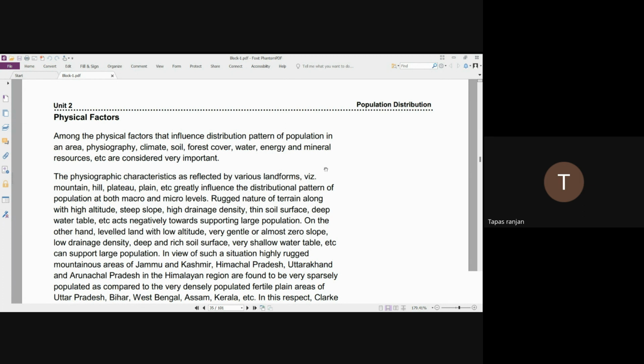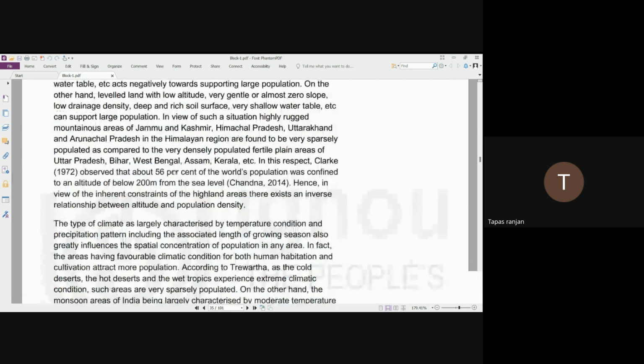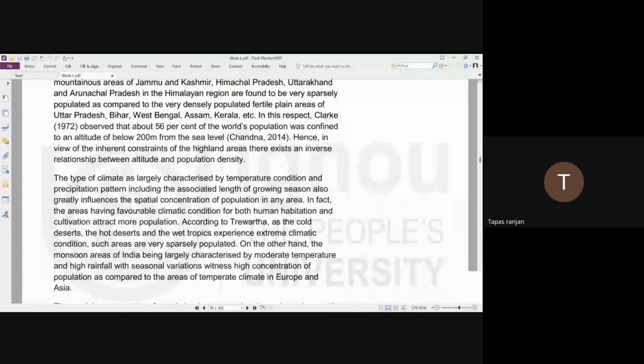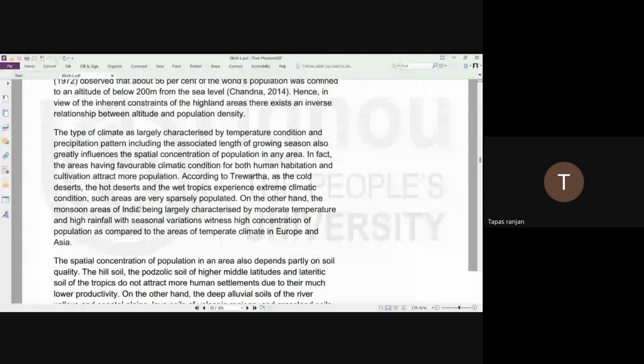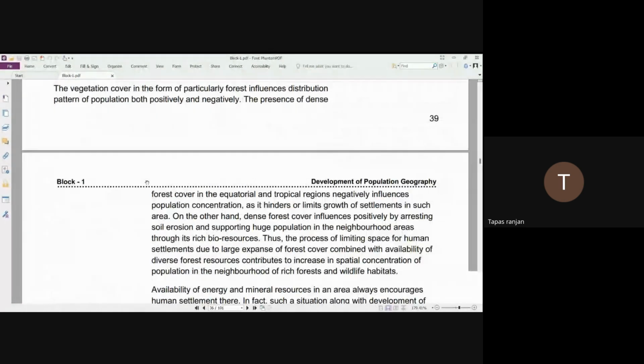Just like electricity, just like when you are constructing cement houses or different buildings, those actually help you in a lot of senses. So if those resources are not available for you, then you will be discouraged to live there. So these are all physical factors which determine the population distribution of any region.